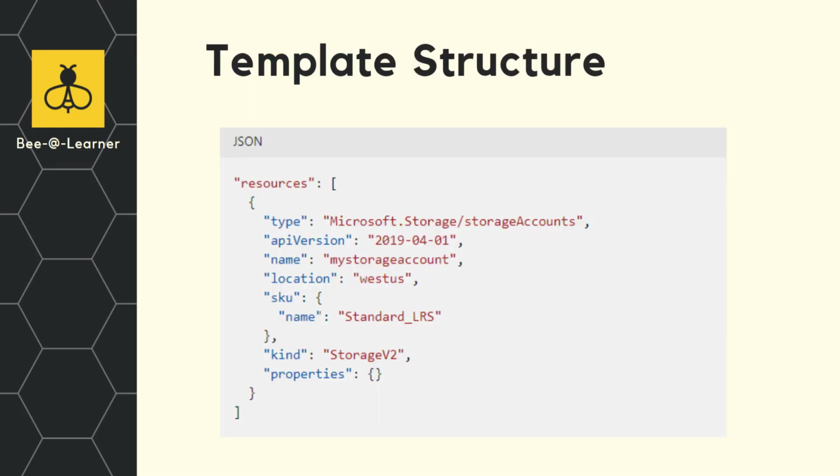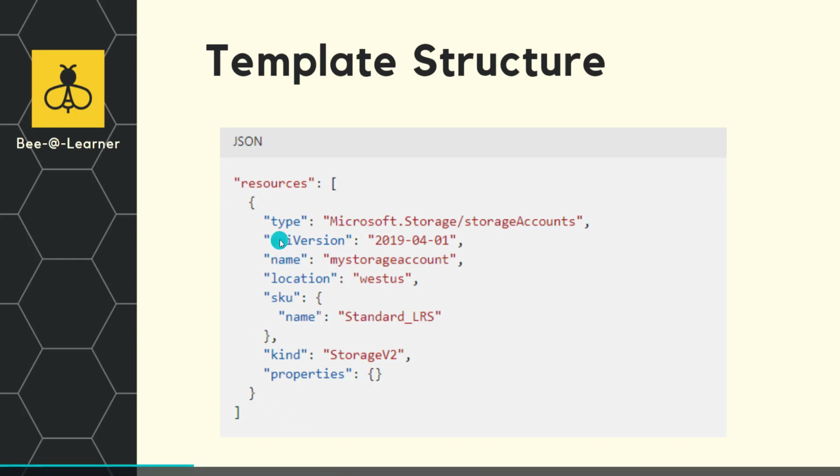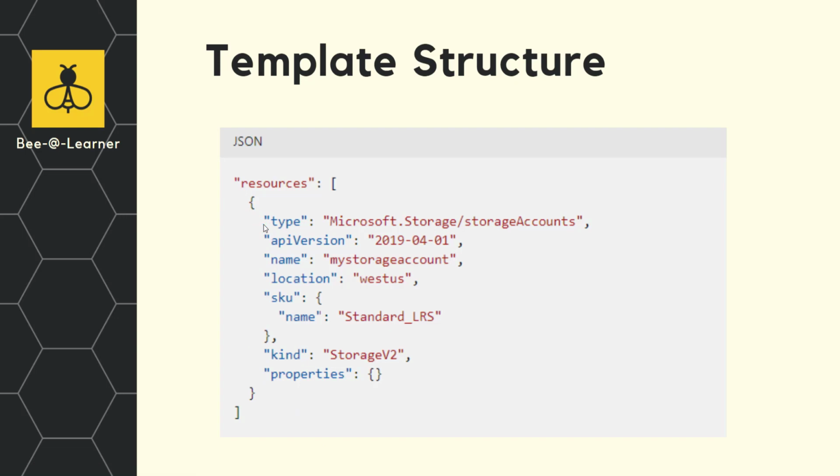This is a simple JSON template structure for a resource block wherein we are trying to create a storage account. Here you can see that we have a type, wherein we are specifying what type of resource we are trying to provision with the ARM template. Next, you have the API version.